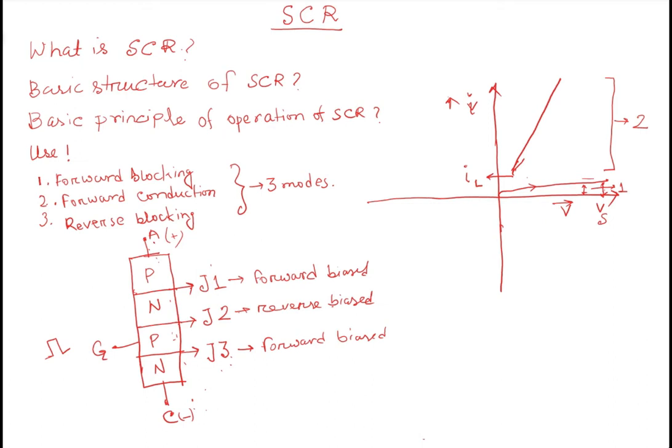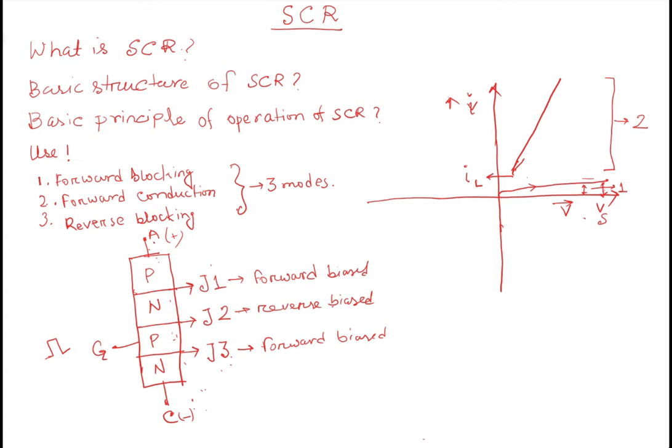So this forward conduction mode can be achieved in two ways: either by increasing the anode to cathode voltage beyond some sufficient value, or by applying a minimum sufficient positive pulse at the gate terminal.